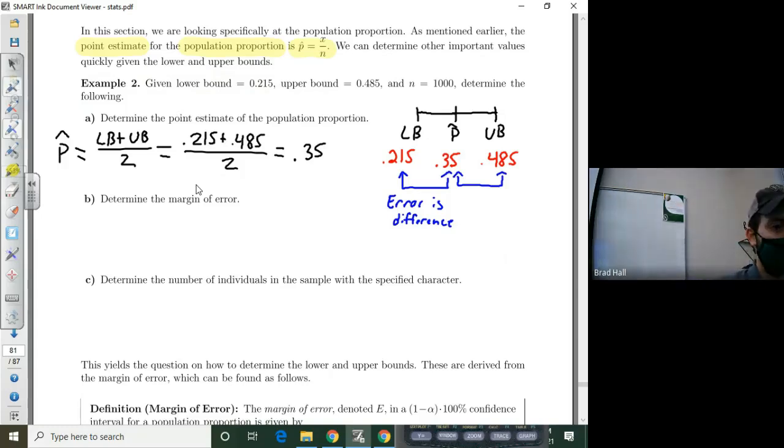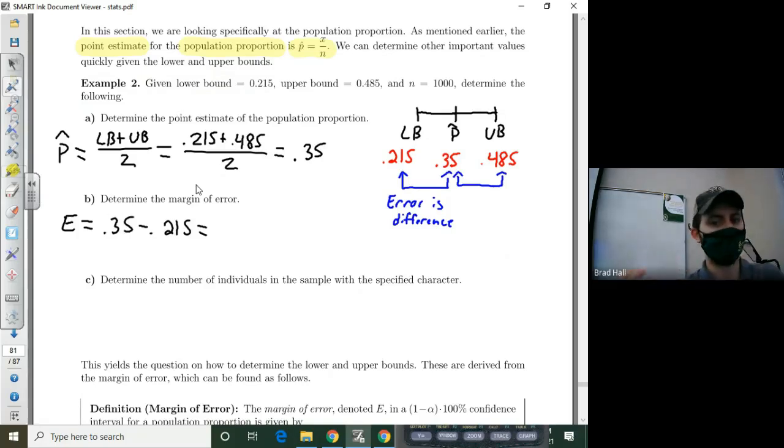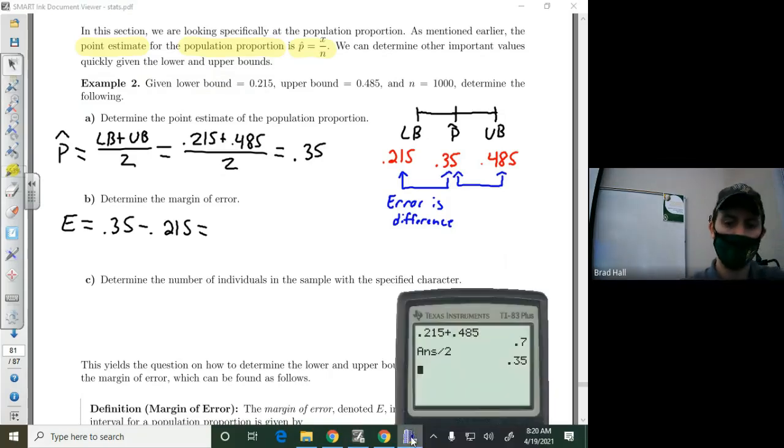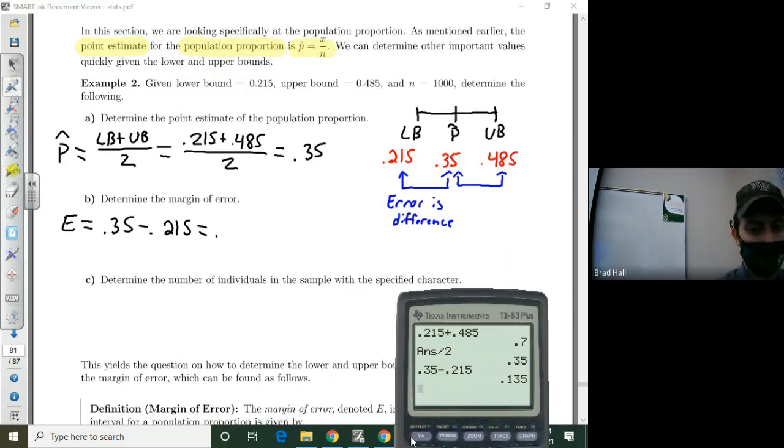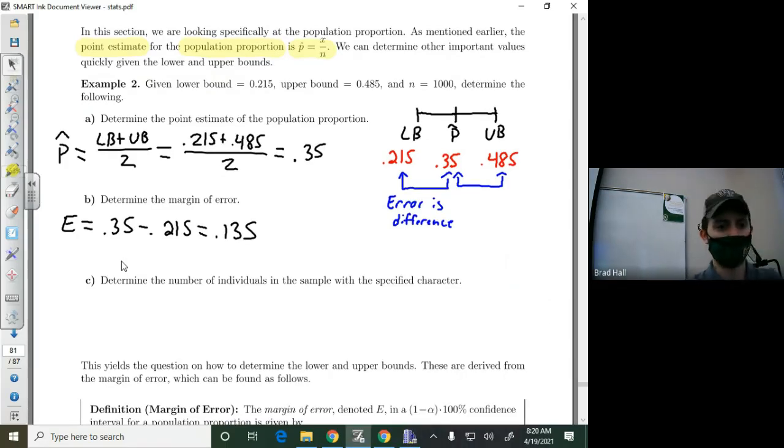I'll just take that the error is 0.35 minus 0.215. Again, if you do 0.485 minus 0.35, you get the same exact number. So let's figure out what that is real fast. It's 0.135. So far, that's it.